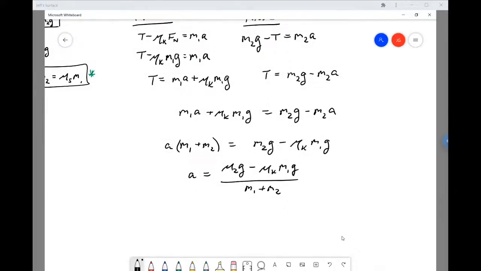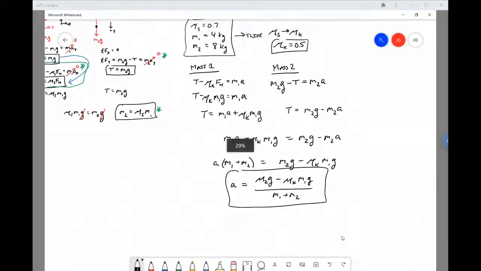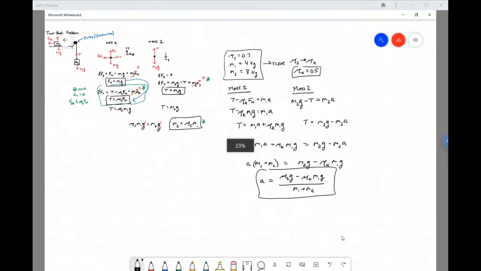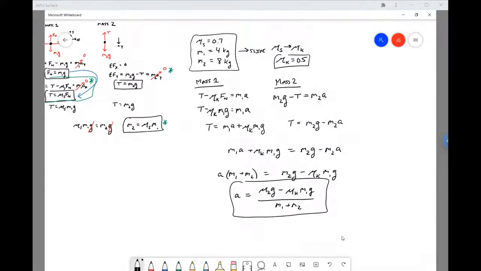And we get the equation for the acceleration of this system. Zoom out here a little bit. Okay, so let me plug in the numbers. I'll actually get a real number here.